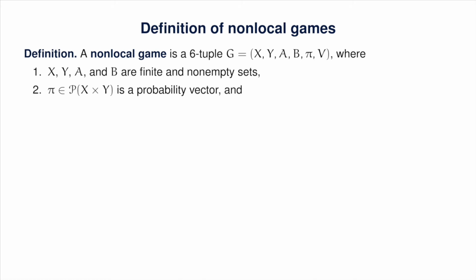Next, it is assumed that the referee randomly selects the pair of questions X Y for Alice and Bob from a given distribution, and we will let pi be the probability vector that describes this distribution.